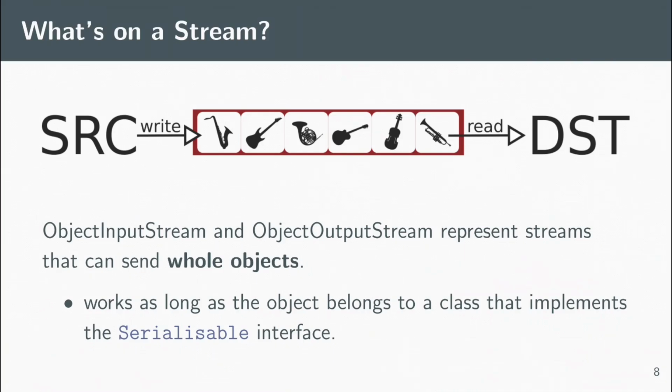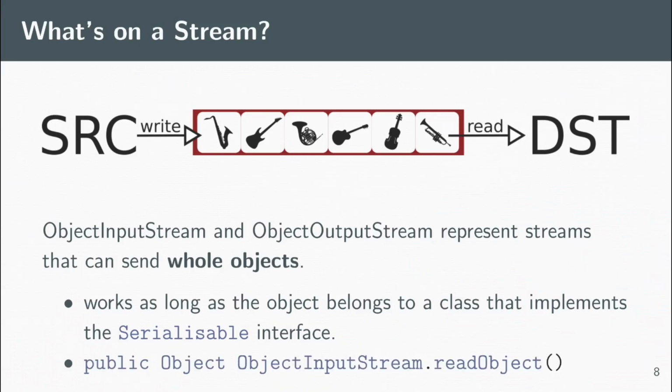And this works as long as the object that you want to write onto the stream belongs to a class that implements the Serializable interface. The syntax for the ObjectInputStream is, as you would expect, there's a method called readObject and it returns an Object, which of course you can cast into more specific classes in your application.